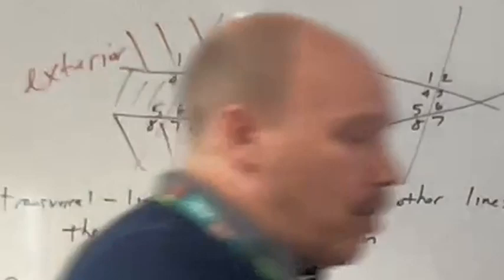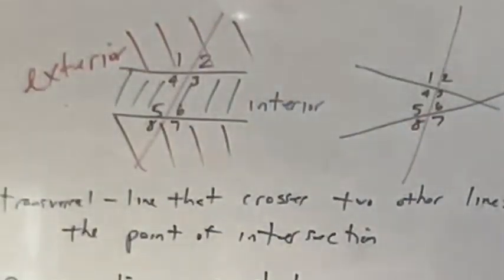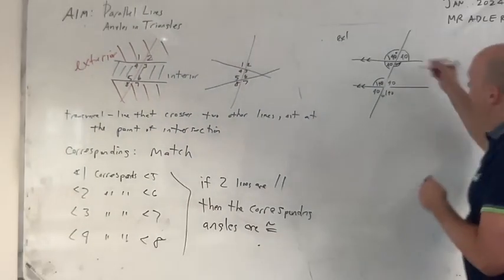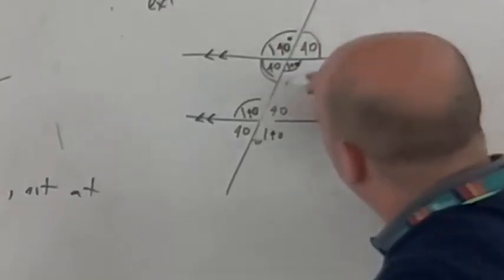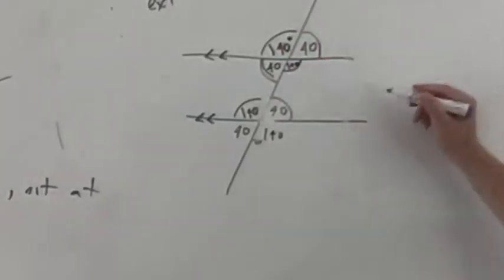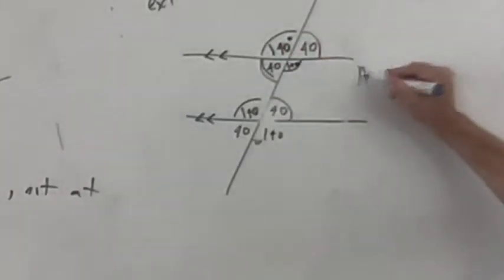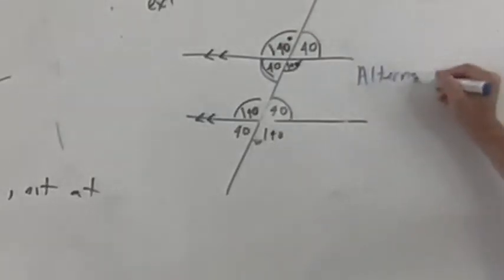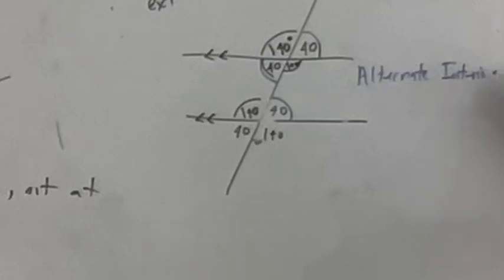And what some of you might notice is that angle 40 here is congruent to this angle 40 here. These pairs are known as alternate interior angles.